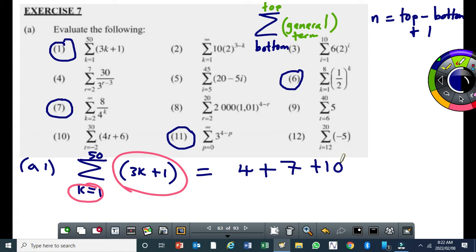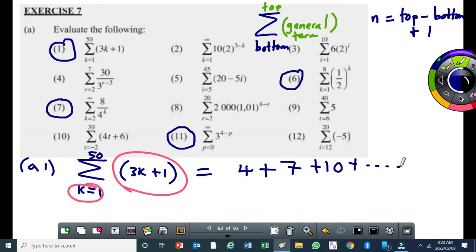So we substitute k equal to 3. So 3 times 3 gives you a 9 plus 1, you get a 10. Now we only need the first 3 terms. So this is called expansion of the sigma notation. What I've done there, that's the expansion. Generally, just determine or write the first 3 terms.